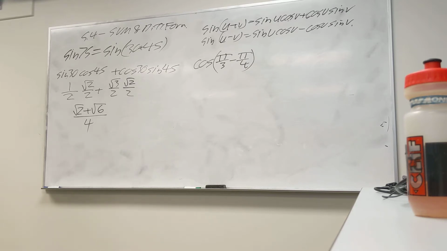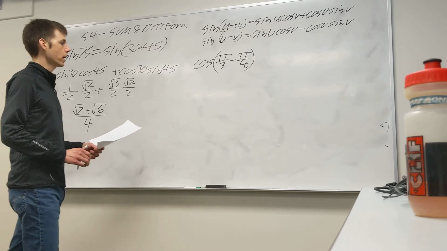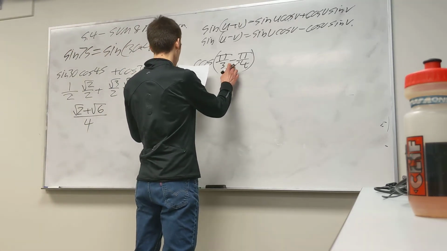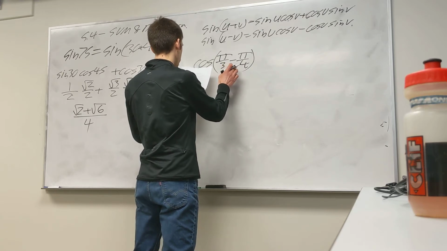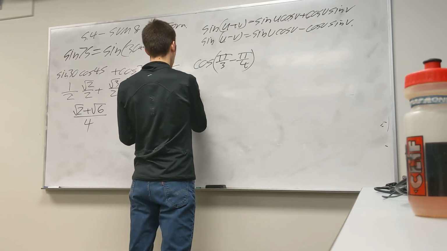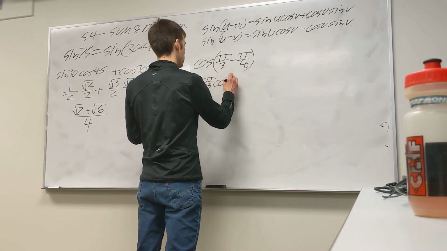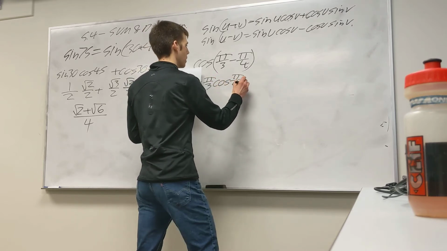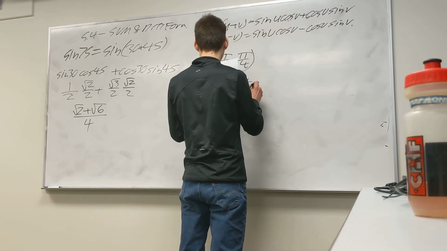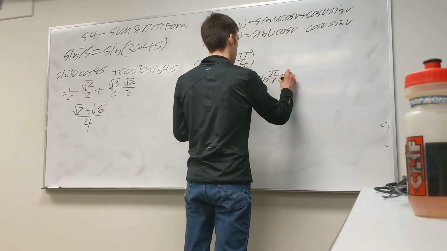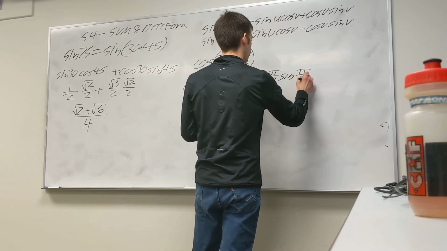What's the cosine of 15 degrees? Well, pull out my chart here. Cosine of x minus y is cosine of x, cosine of y, plus sine of x, sine of y. So this is going to be cosine pi over 3 cosine pi over 4 plus sine pi over 3 sine pi over 4, right?